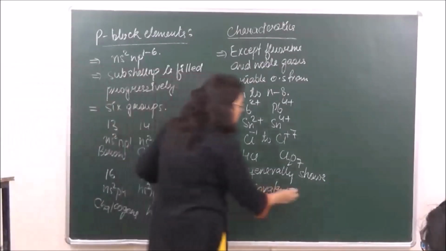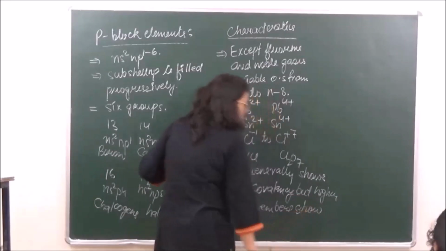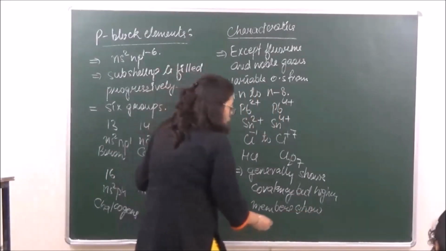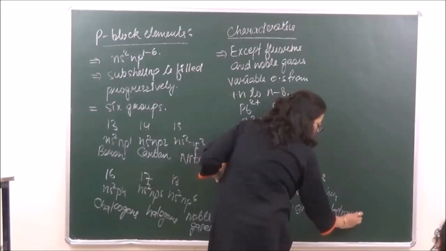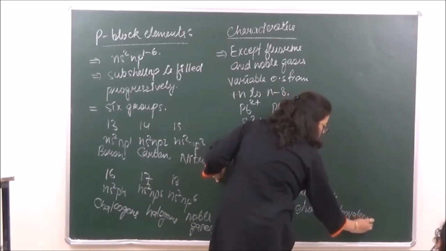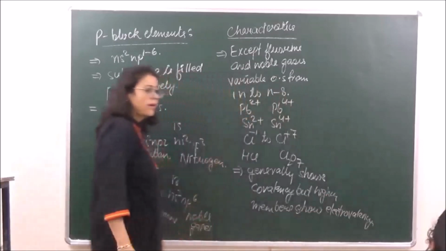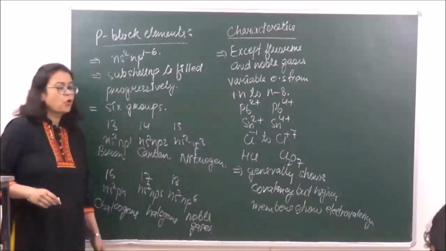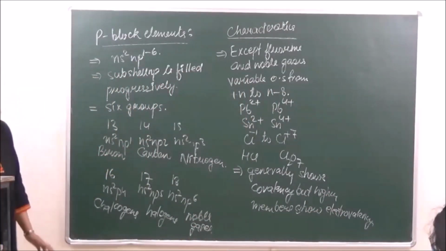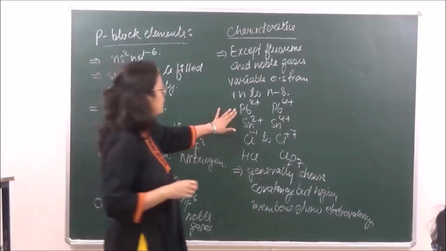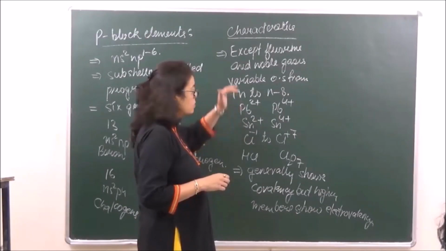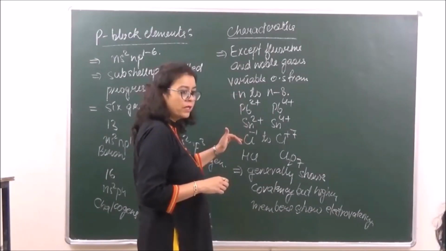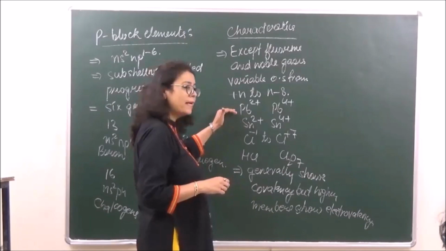The higher members show electrovalency, means they form electrovalent bonds. So lower members show covalency, but the higher members may show electrovalency, as in the case of lead. Lead comes at the bottom of group 14, so it can form ionic compounds.